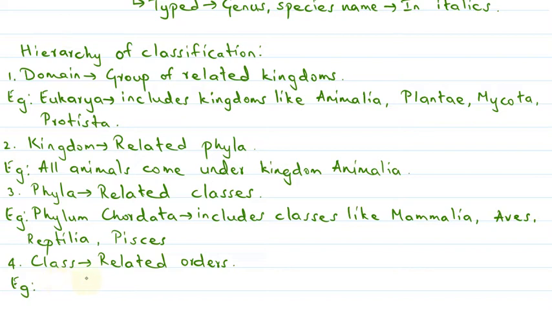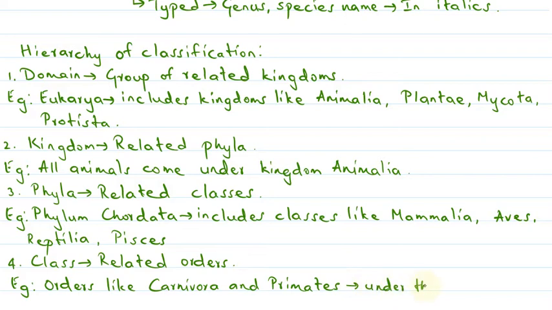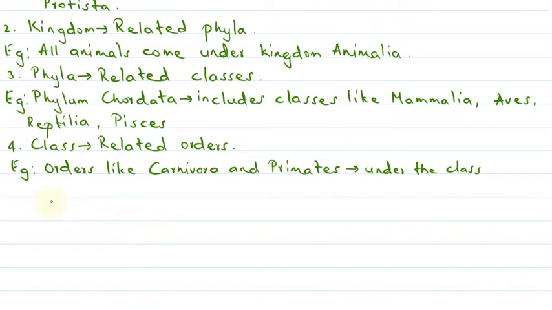Okay, so class, we saw that it includes related orders. So the orders like Carnivora and Primates, which include humans, come under the class Mammalia.